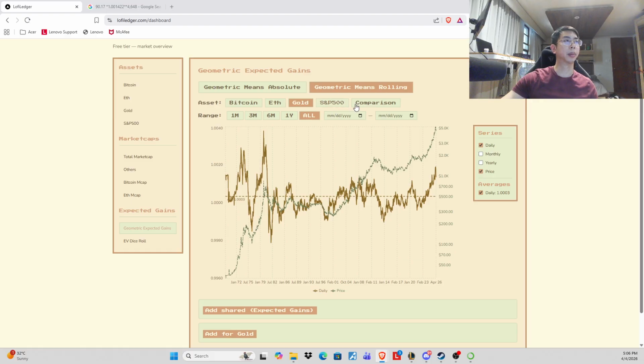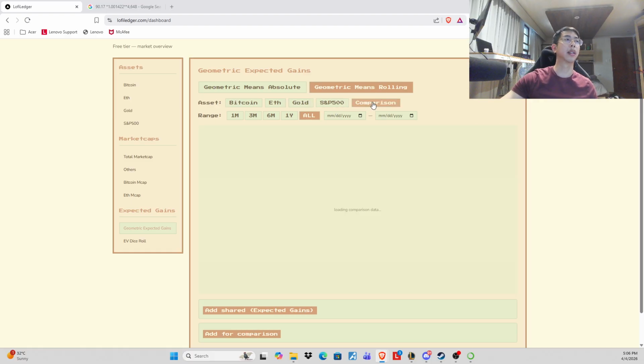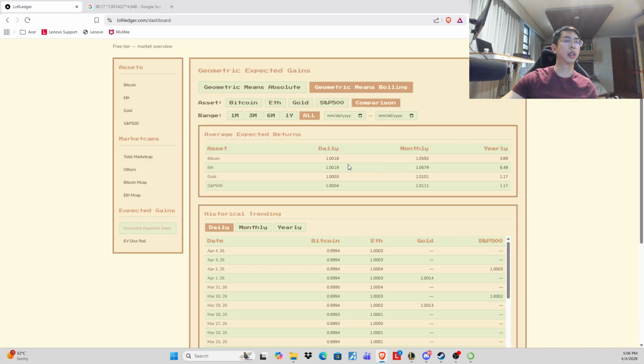And just to illustrate this, we also have a comparison tab comparing the different interest rates of the different assets. So if you just get the simple average of all data, you can see here the simple average is like 3x for Bitcoin, 6x for ETH, and gold and the S&P are averaging 17%. But again, the reason why the future expected return or interest is hard to predict is because this is gonna change, right? If you just look at the past year, it's wildly different.